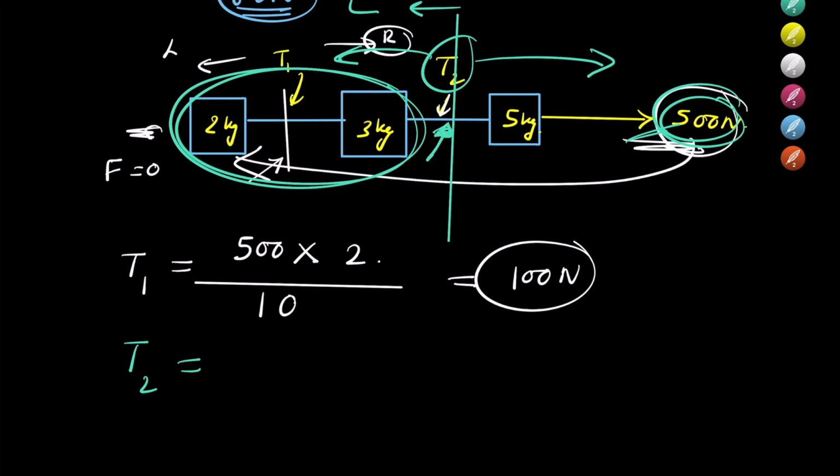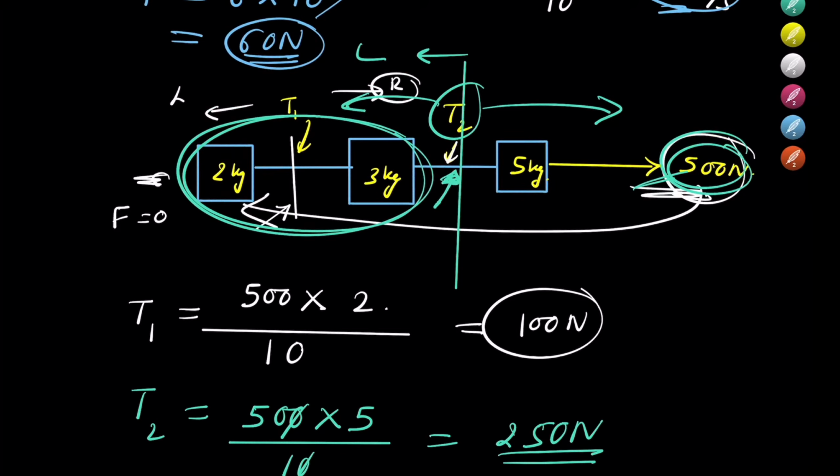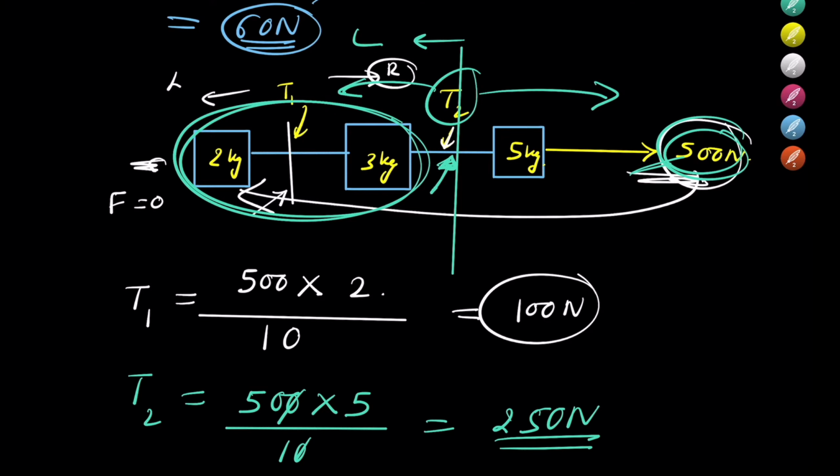So the right force 500, left mass 5, left force absent, no problem, divided by total mass 10. So the answer will be 250 Newton.